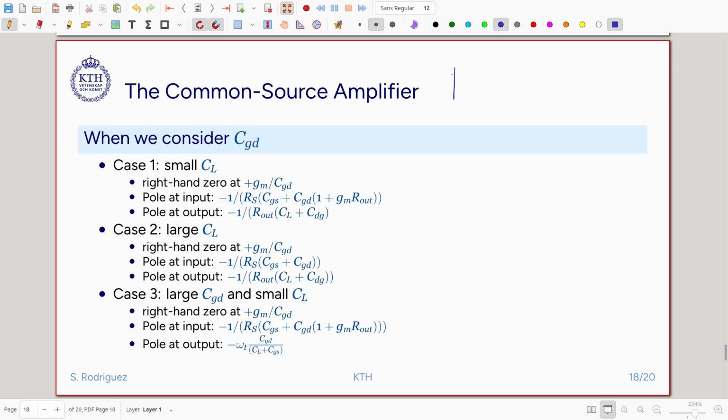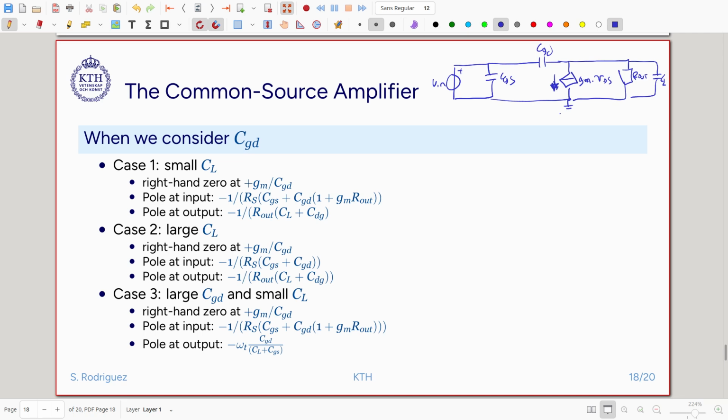So we will have something like this, and it will be CGS, CGD, GM, BGS, out, and CL here. So that will be the circuit that we will have to analyze.